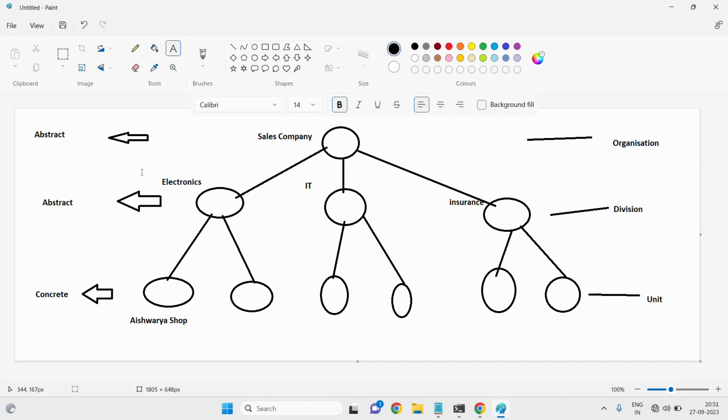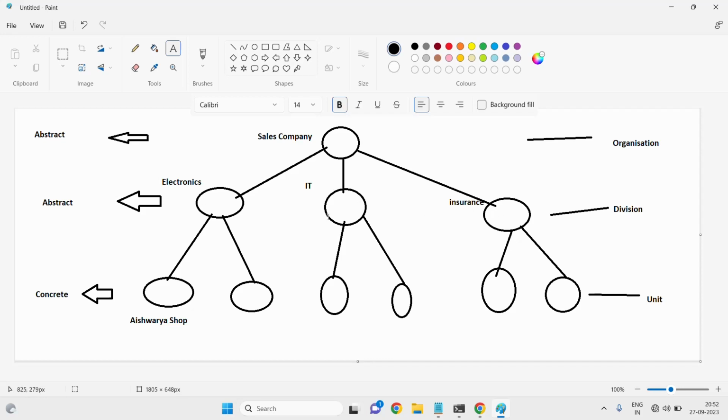And in that, let me discuss abstract classes and concrete classes and the difference between these two. Today our agenda is that only. For example, if there is a big organization like a sales company, in that organization we have three divisions: an electronics division, an IT division, and an insurance division.